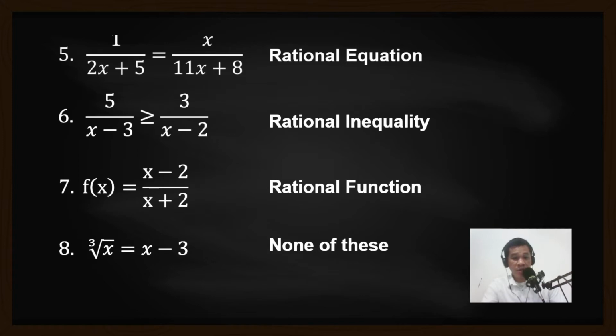And then, of course, for rational function, napakadaling tandaan. So, there is the function notation. F of x, yung commonly used talaga is f of x, g of x, ano pa ba? So, it depends on the given. So, if there is the function notation, and there is the rational expression, and then there is the equal sign, then it is a rational function.